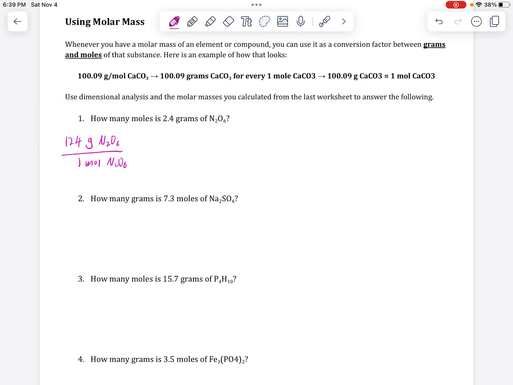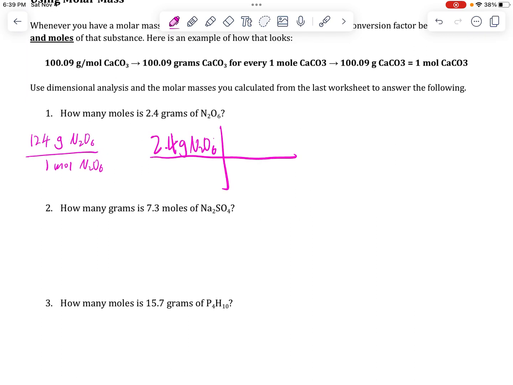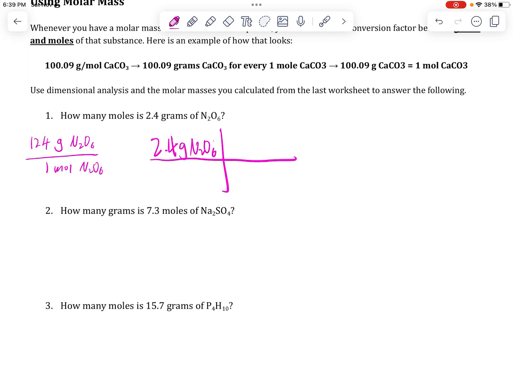Okay, let's begin with the starting unit. I have 2.4 grams of N2O6. Okay, now I want grams of N2O6 on the bottom here so that the units cancel each other out, right? So if you look to the left, my conversion factor here, obviously the one that has grams of N2O6 is 124, right? The top one.